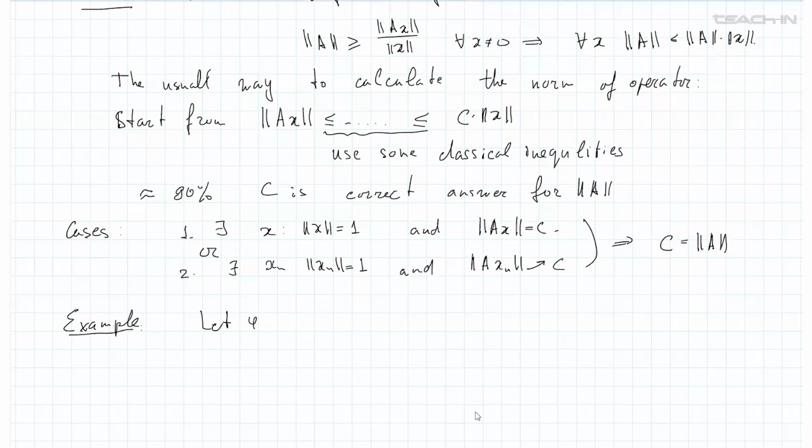If it is a maximum, you can find only one element with unit norm and show that this estimation c is realized. But the norm can be not a maximum, it can be just a supremum. Then you must find the sequence and show that these estimations can be approximated as precisely as we want.